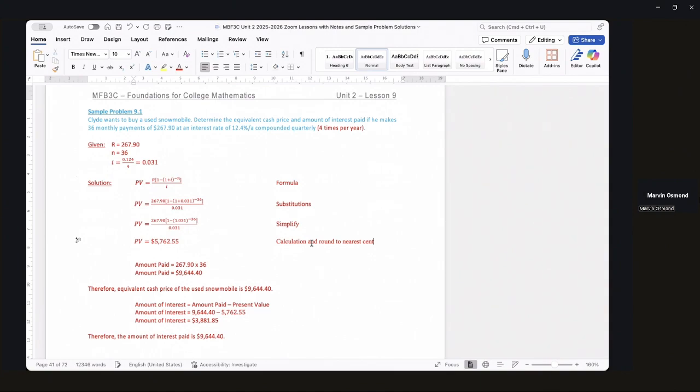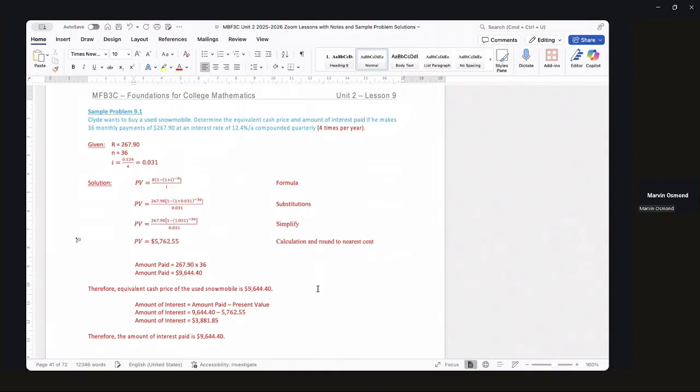So Clyde borrowed $5,762.55, but paid back $9,644.40. So the amount of interest will be the amount paid minus the present value. So I go $9,644.40 minus $5,762.55, and I'll get $3,881.85.